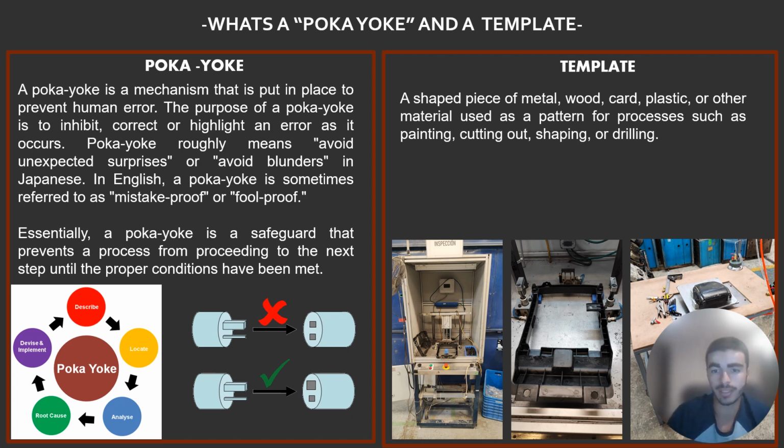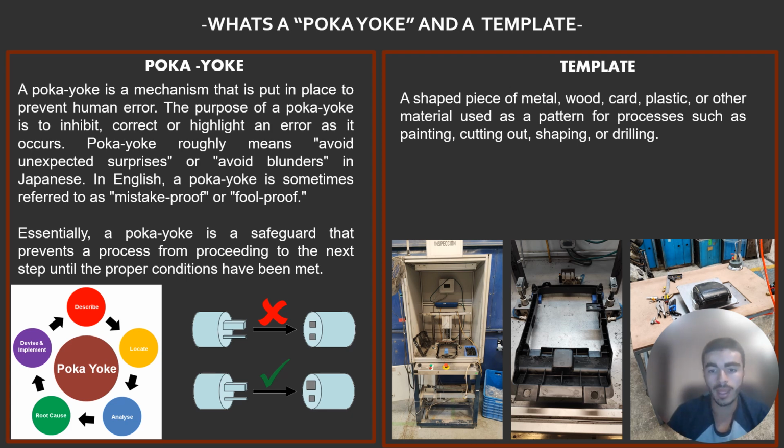And what's a template, you may ask? A template will be any kind of machine, any kind of base, any kind of mechanism that helps you make a process or pattern many times in a row without changing the outcome.